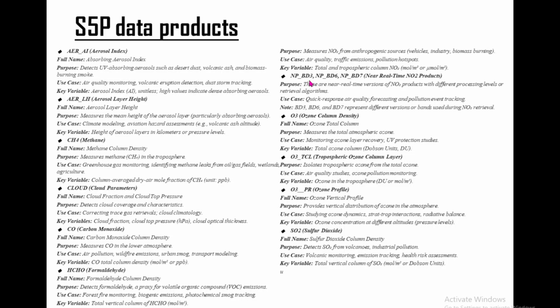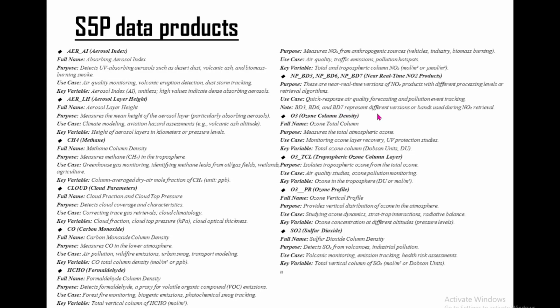NRTI BD3, BD6, BD7, these are near real time nitrogen dioxide products. These are real time versions of nitrogen dioxide products with different processing levels or retrieval algorithms. That means different algorithms are used to retrieve them, and different levels of processing are also used. It has a quick response for air quality forecasting and pollution event tracking.